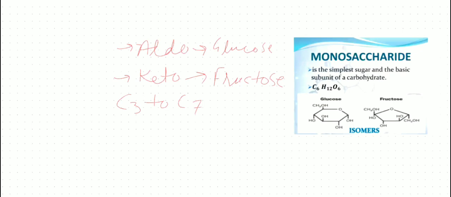As I told you, aldo and keto are the main types of carbohydrates. The most common example of an aldo carbohydrate is glucose, and the keto carbohydrate is fructose. Now come to the classification of carbohydrates. There are three types of carbohydrates.